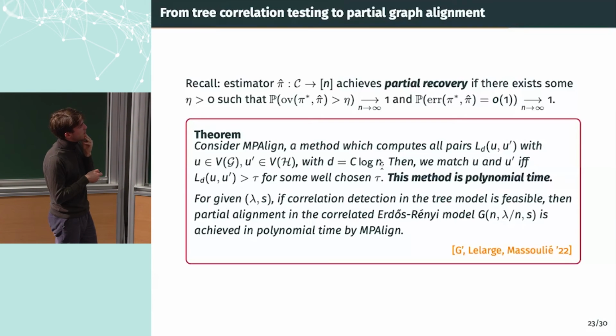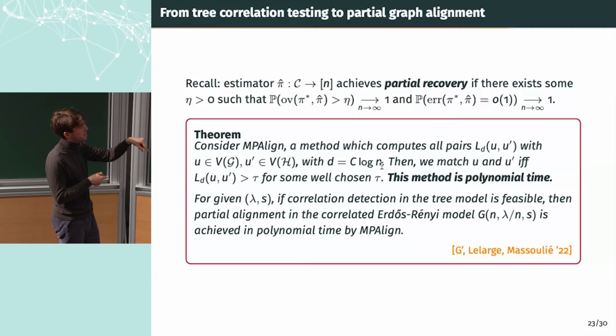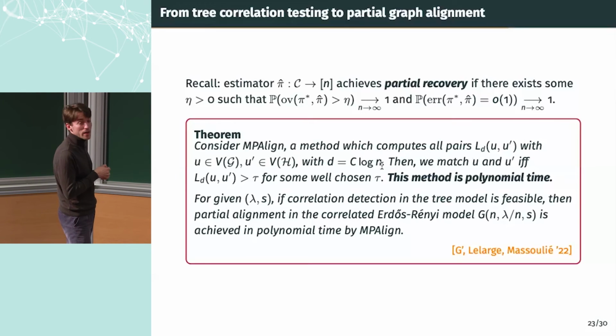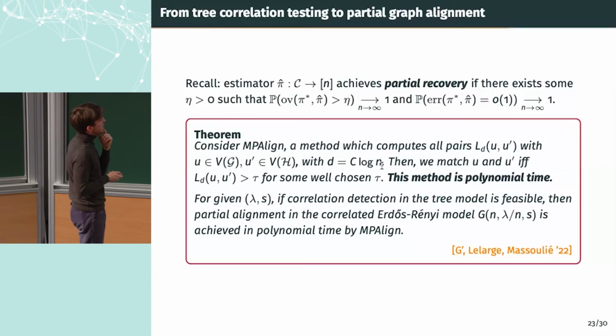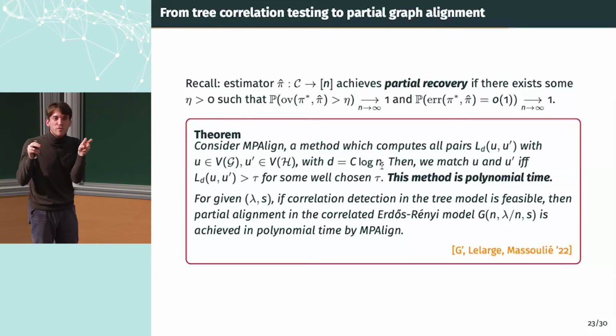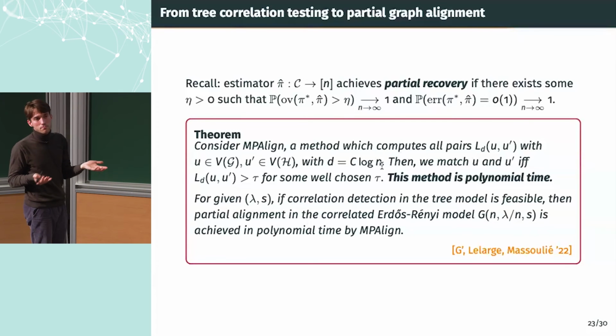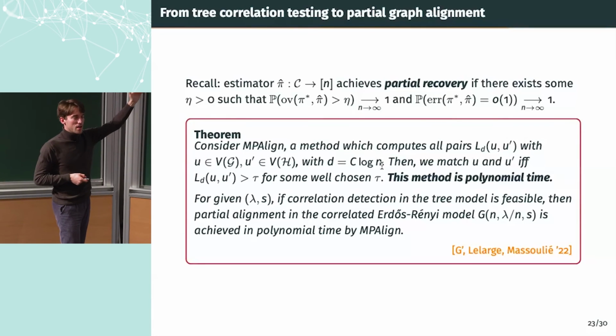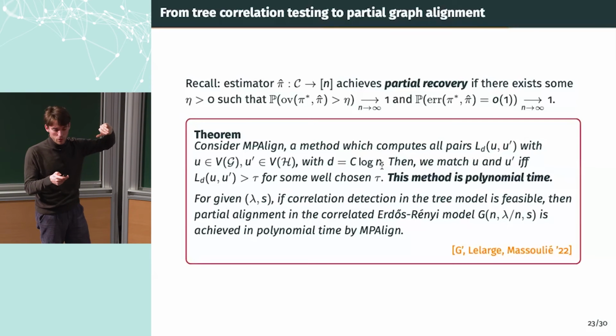If I can find a test for correlation detection in the tree model, then I can apply this method to the graph problem and use it as an algorithm to achieve partial alignment. So you have a connection between these two problems. If you like, the tree problem is the local version of the graph problem. That's why one needs to study the local version, analyze it, and then deduce some results for the graphs.